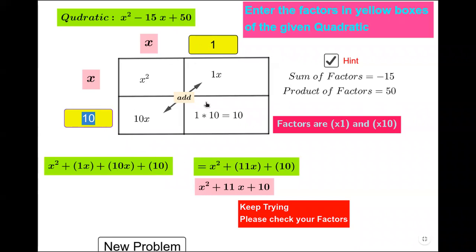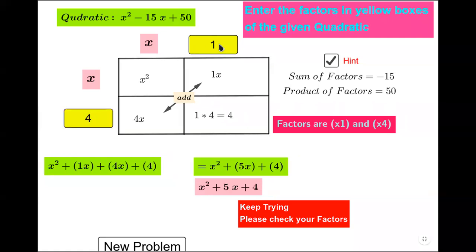So 50 I want to have. So the maximum is 10. So now I go with, what happened? Yes, now.